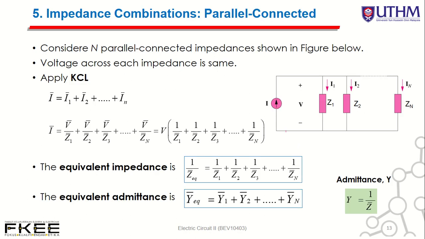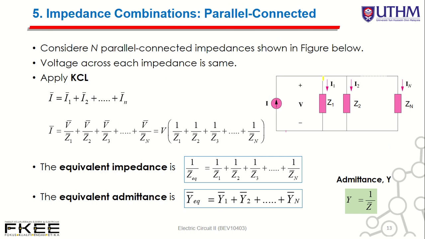Okay, next, let's say we have an impedance combination in parallel. Let's say we have a current source or voltage source here, and then we have Z1, Z2, Z3, until Zn connected in parallel.